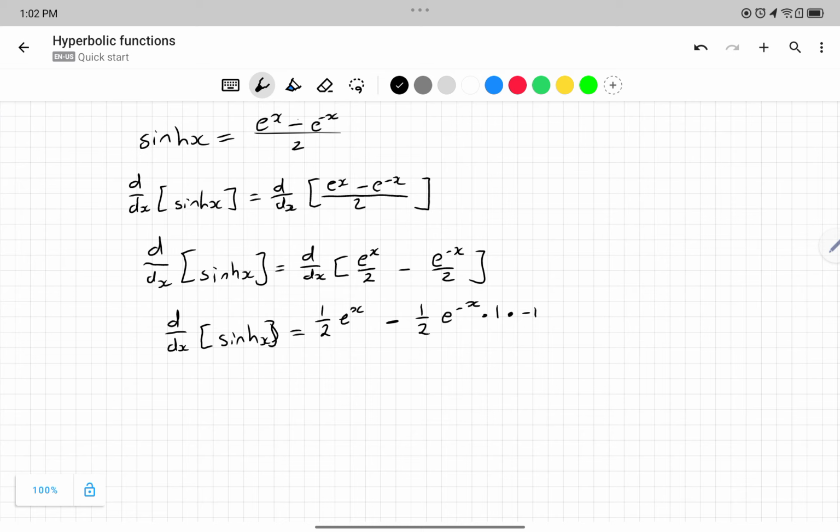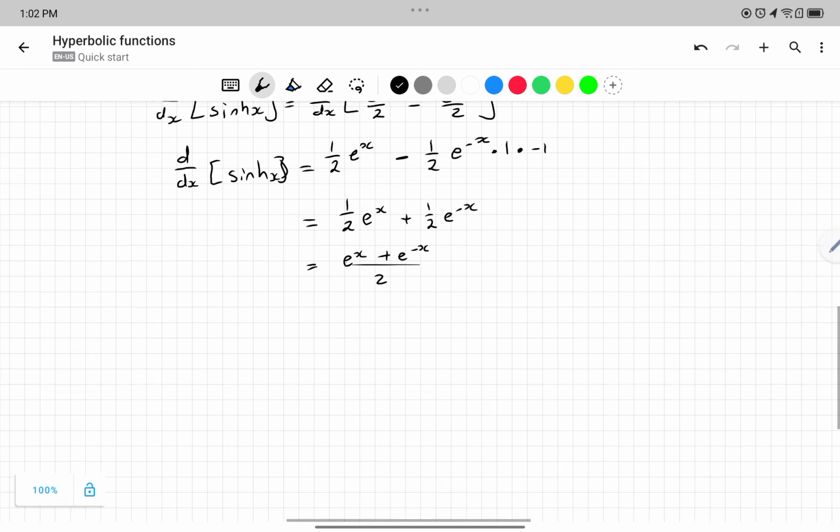Because if you have d over dx of negative x, you'll get negative 1. So what you will get is thus e^x over 2 plus e^(-x) over 2, which is e^x plus e^(-x) all over 2.